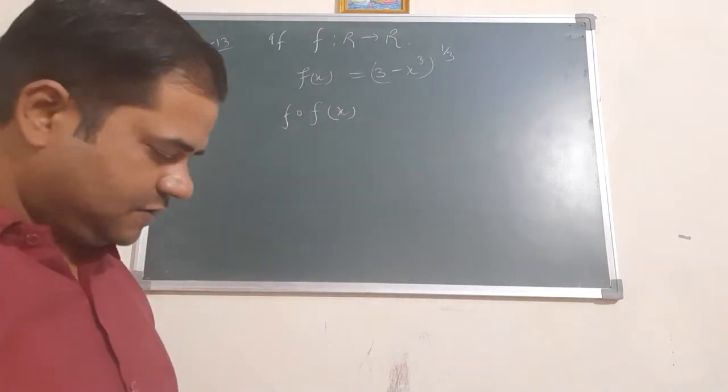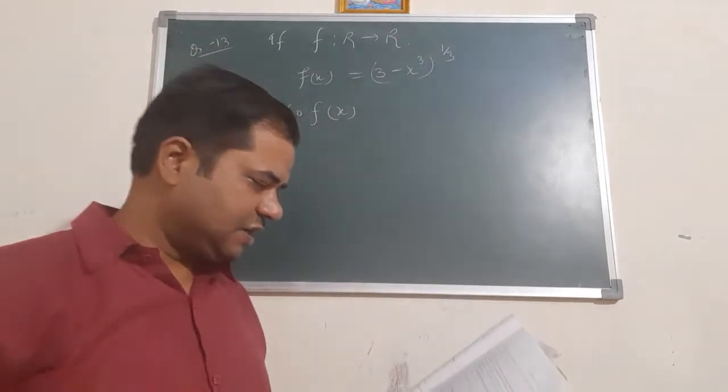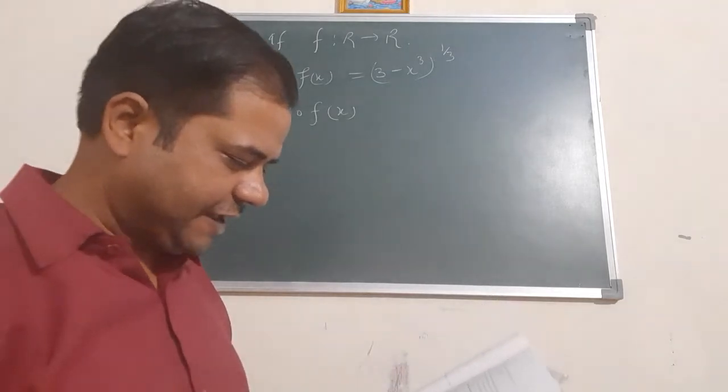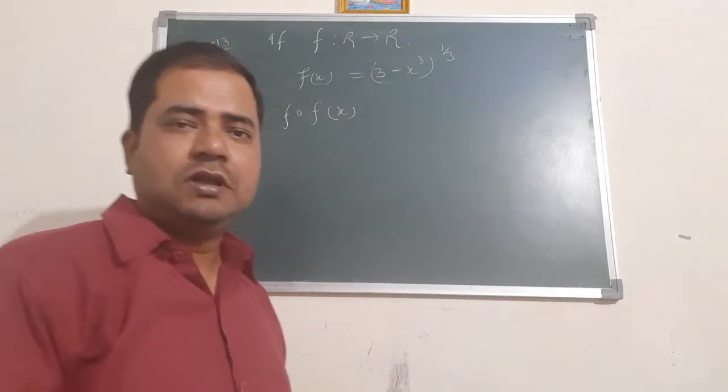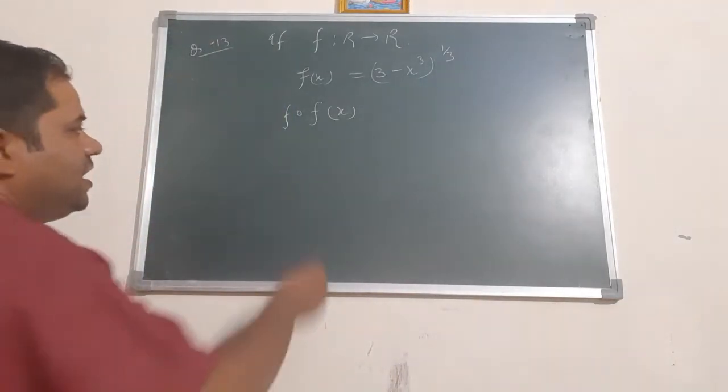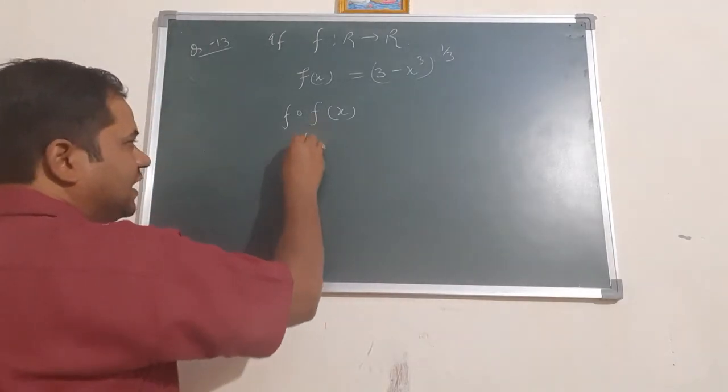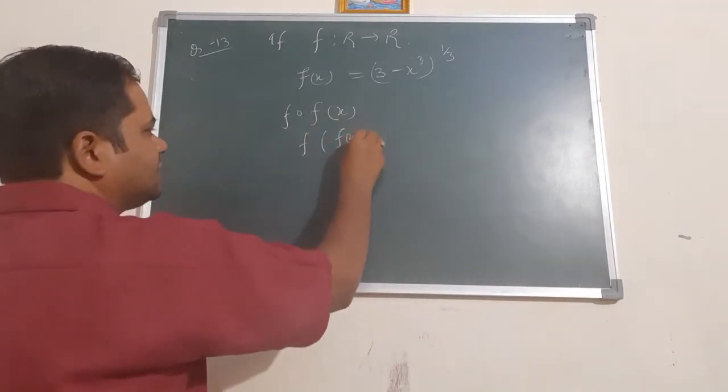Okay, so the answer is, if this is an optional question, options are x to the power 1/3, x cubed, x, and 3 - x cubed. So let us see how to find f of f(x).